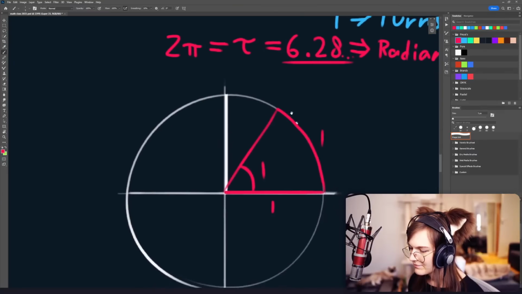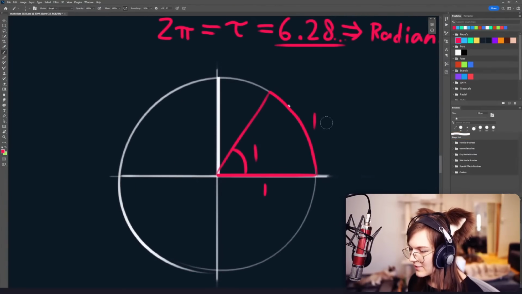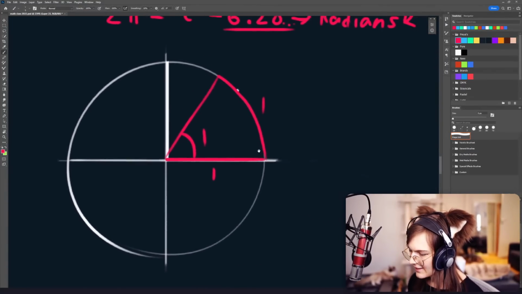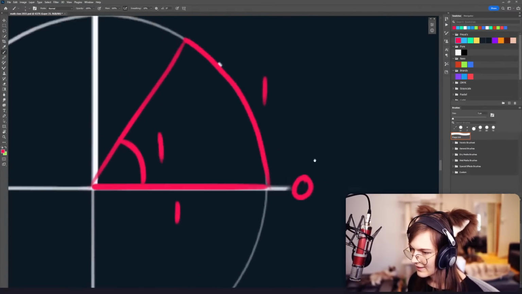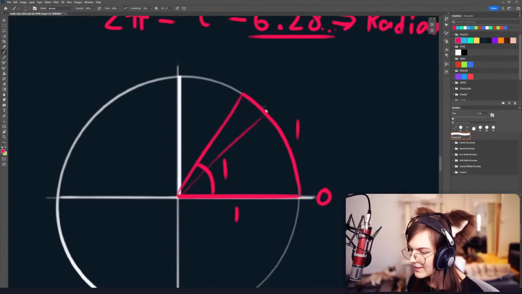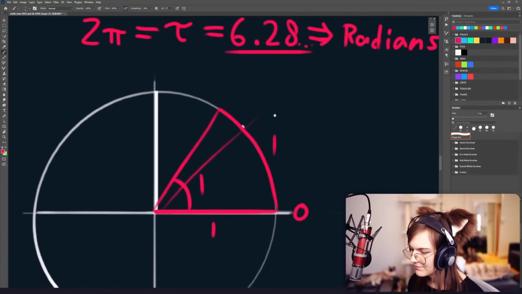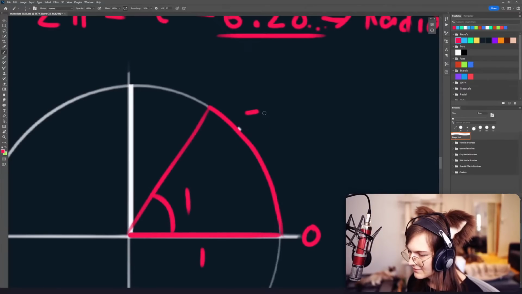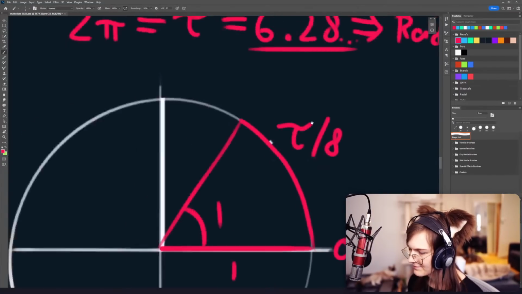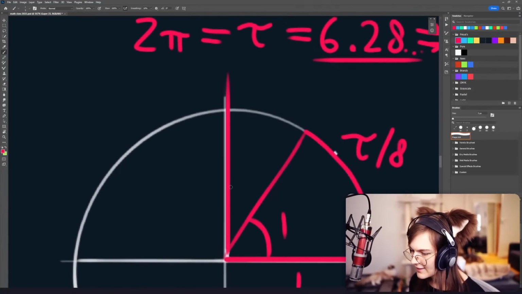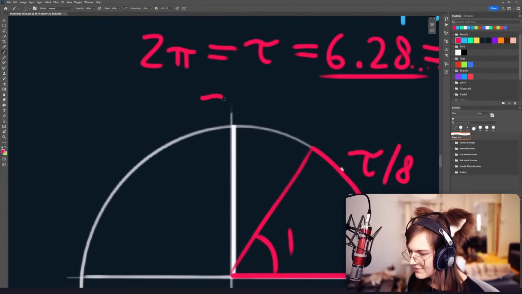And so if we now want to do the regular measurements we did before, we start with 0, and then a 45-degree angle, the diagonal, is tau over 8. And then a 90-degree angle is tau over 4.